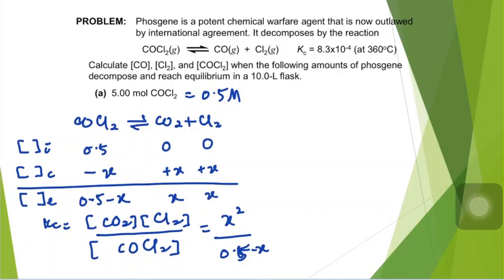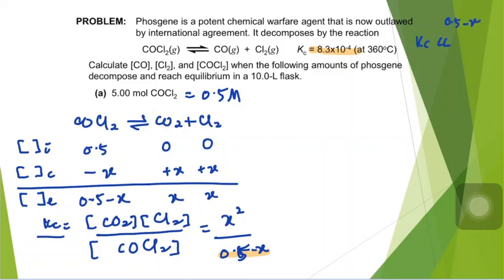To solve this problem, as I said just now, we can make an assumption or we can solve it by using the quadratic equation. Let's try to make an assumption. Not all questions can be solved by making an assumption. Our assumption is, since the Kc given is considered a small Kc, which is 10 to the power of negative 4, we can assume that 0.5 minus x is almost equal to 0.5 because the Kc is too small.